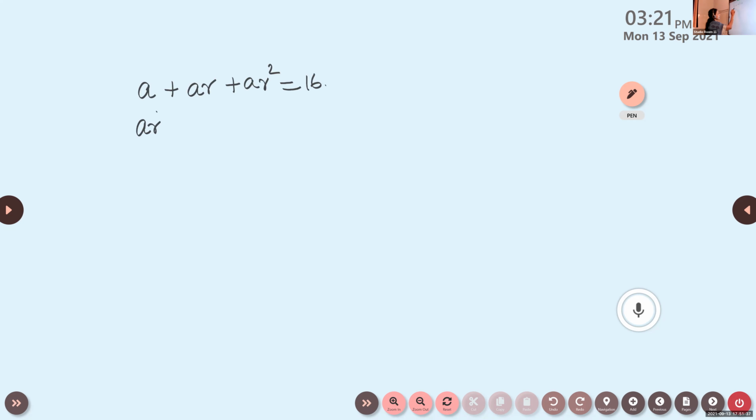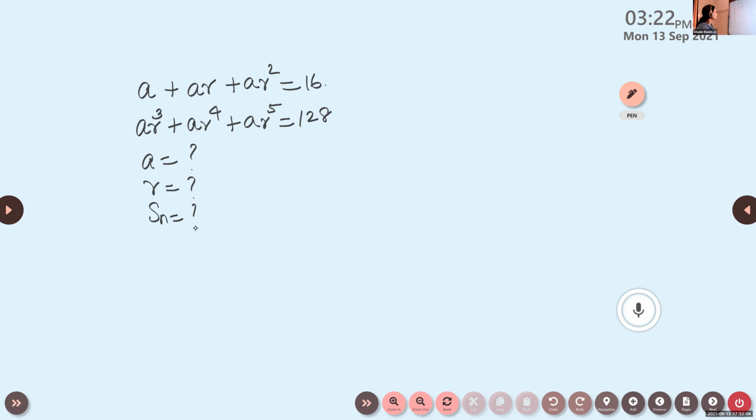So it is AR cube plus AR raised to 4 plus AR raised to 5 is 128. Here we have to find the first term A, common ratio R, and Sn also.